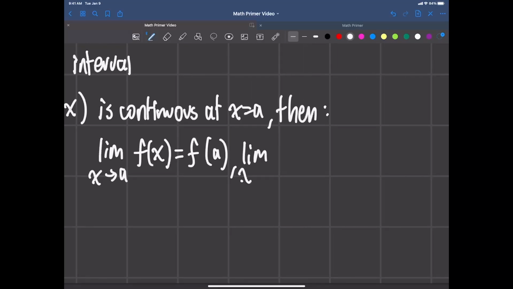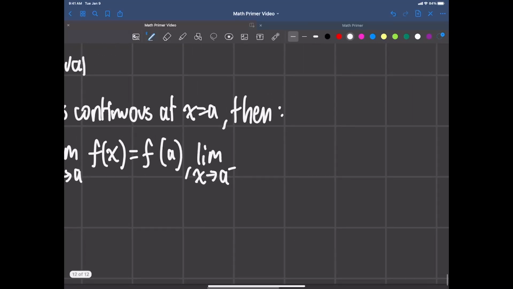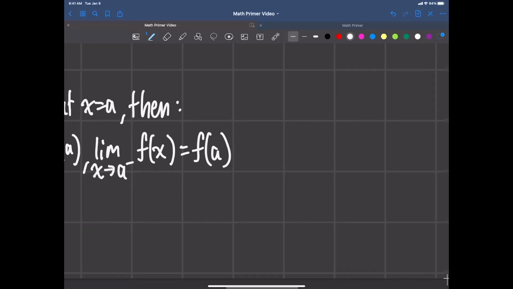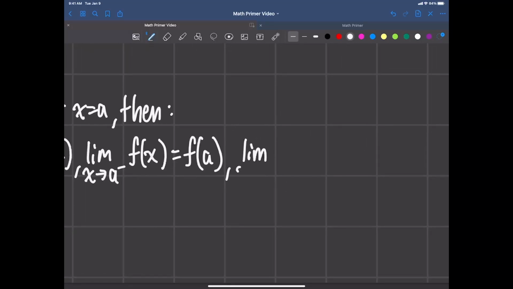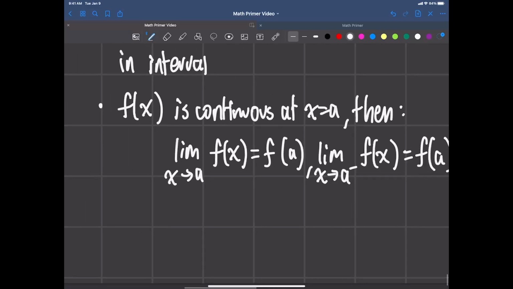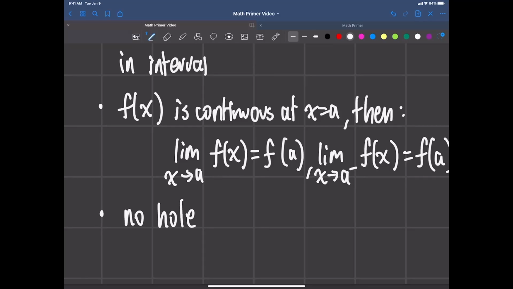The limit as it approaches a from the negative direction of f of x is equal to f of a. And the limit as x approaches a from the positive direction of f of x is f of a. It's also continuous if the graph has no holes or breaks.